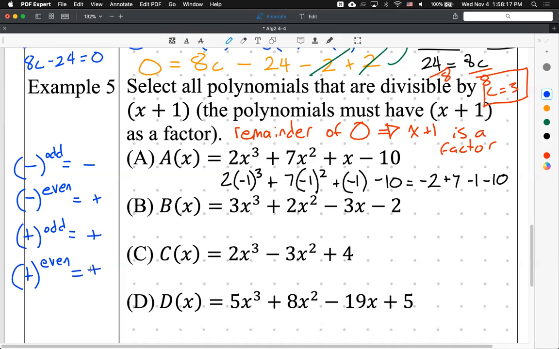That's the only thing that will stay a negative. A -1 to an odd power of 3, this negative sign stayed behind. It's still -2. A negative to an even power turns into a positive, so it's going to be a +7.